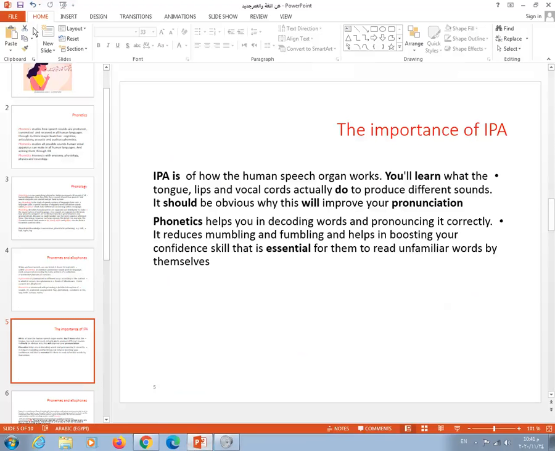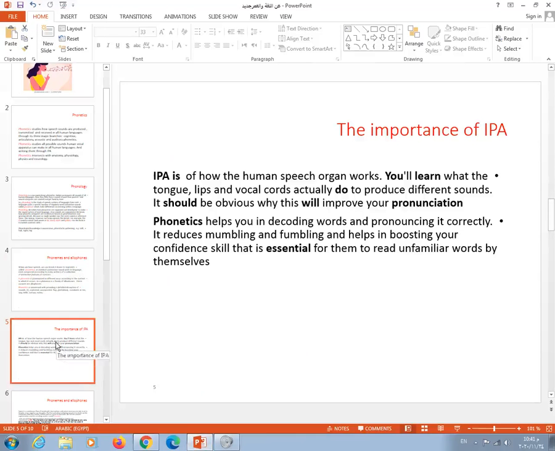Now I'm about to finish the first part of the book, especially the first chapter, and now let's move on to the second, which is the phoneme. Okay, and how it is the same but it's different, as we said before.